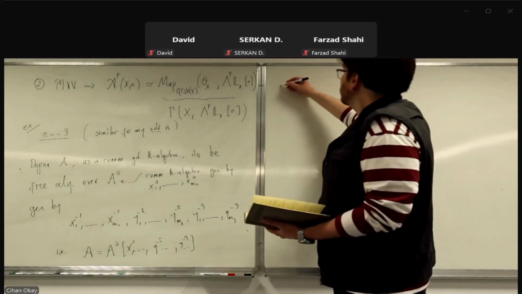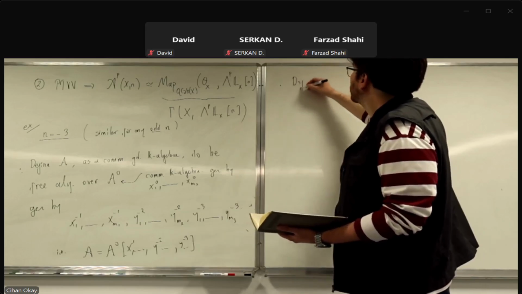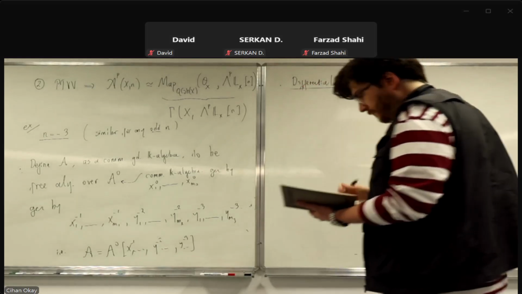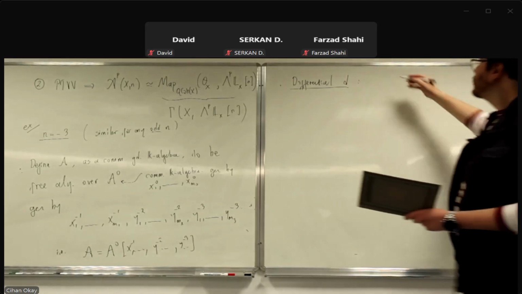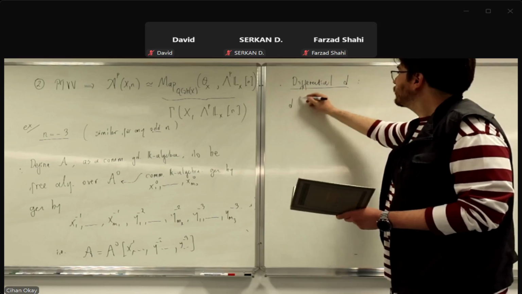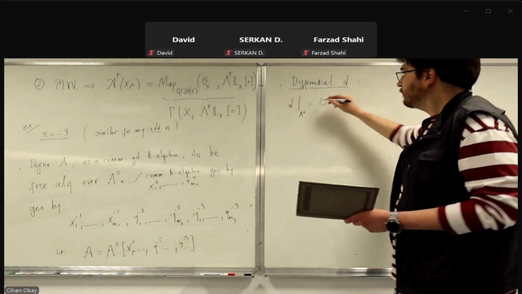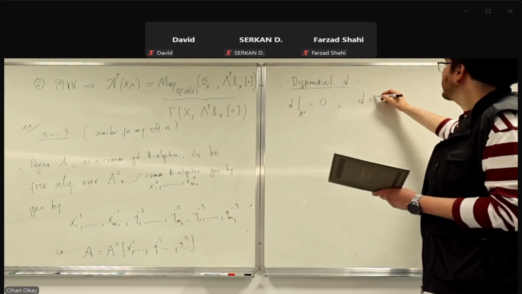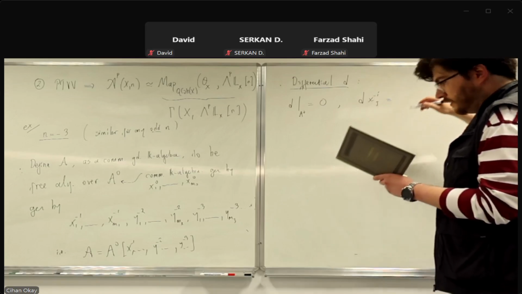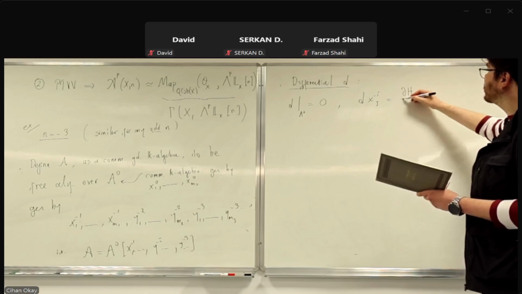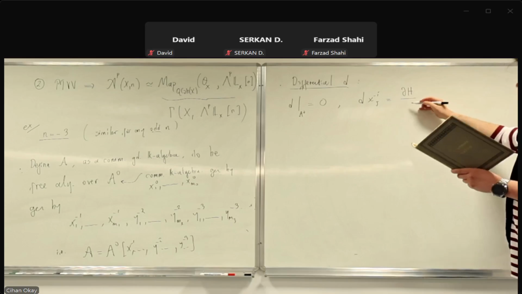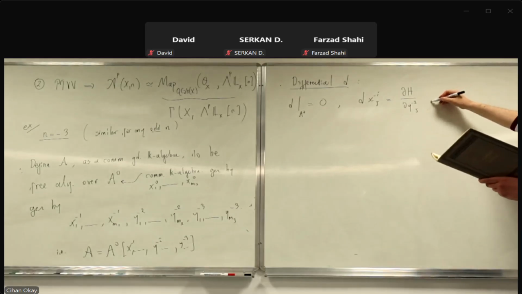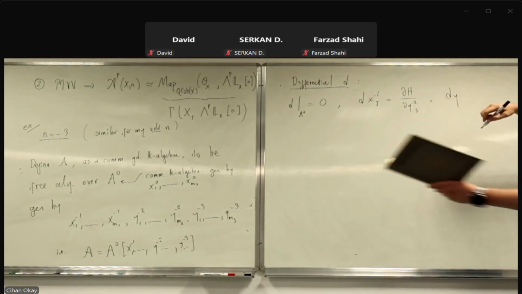And the differential d is defined like this. First of all, dA0 is 0. And secondly, d of x minus i j will be defined like this. There is a very particular element, what we call h. I will explain what it is.